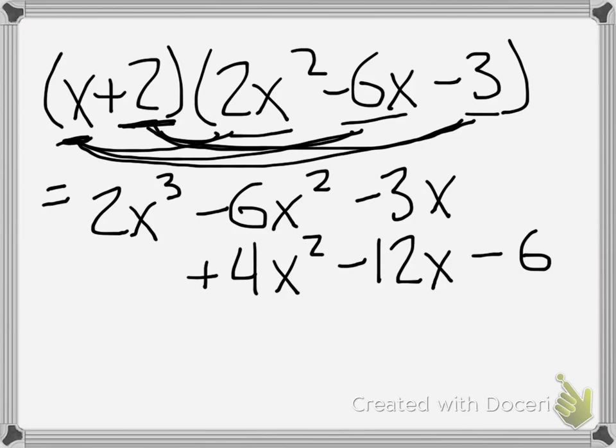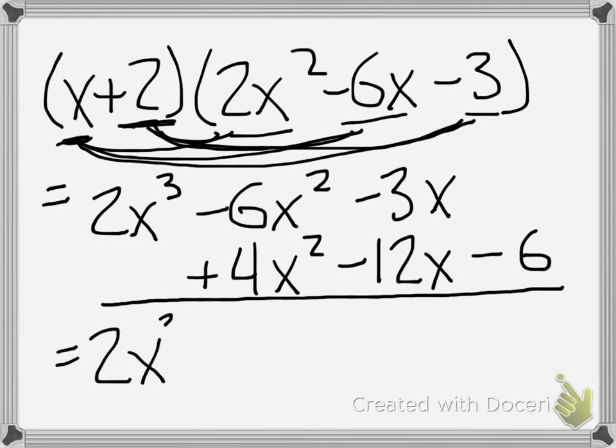So now I want to consolidate. I've got a lot of like terms to combine. But my like terms are all in columns. So I can just add down these columns. 2x cubed doesn't have any like terms. I'll just move it down. I have 2x cubed. Then this column has both of my x squared terms. So they're together, nice and easy to combine.